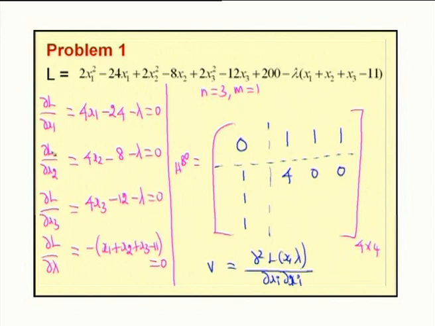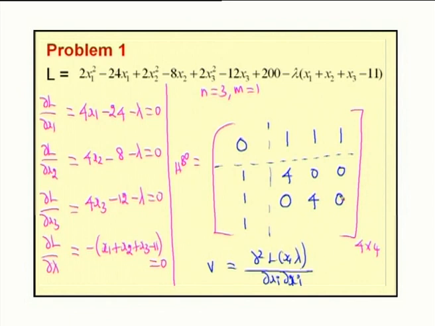Next, dou squared L of dou x2 with respect to x1, x2, x3. So, dou squared L by dou x1 dou x2 gives us the value 0. Therefore, in this place we will put 0. Then dou squared L by dou x2 squared is 4. So, in this place we will put the number 4. Then dou squared L by dou x3 dou x2 value is 0.